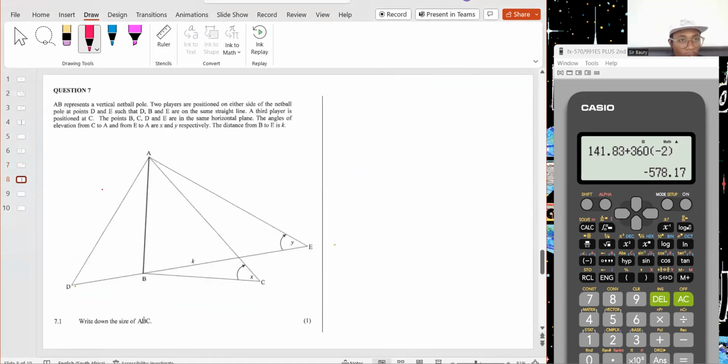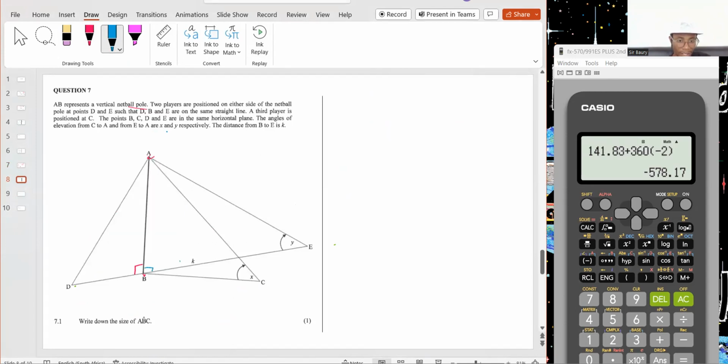Now, going to part two. You are given a vertical netball pole. Two players are positioned on either side of the net. If this is a pole, you need to know something: it means that here, I'm going to have a 90 degrees.